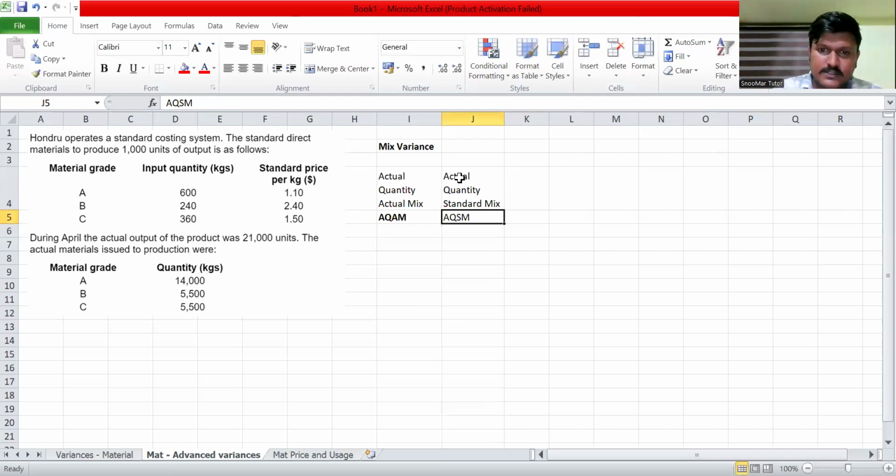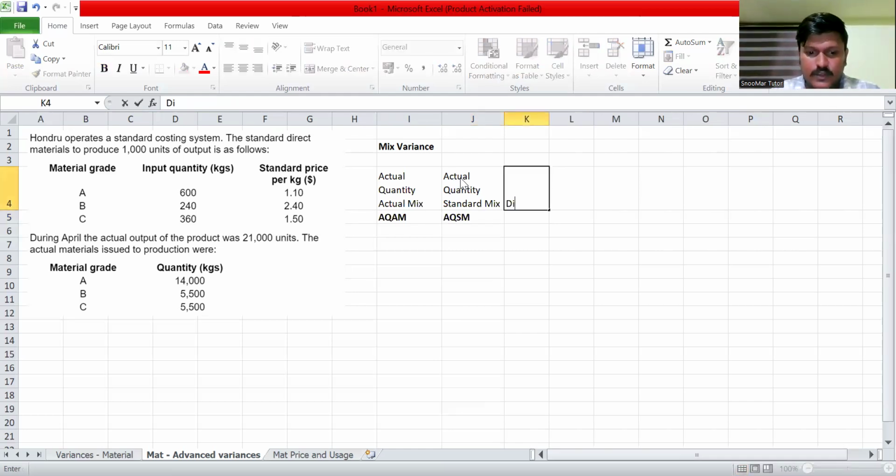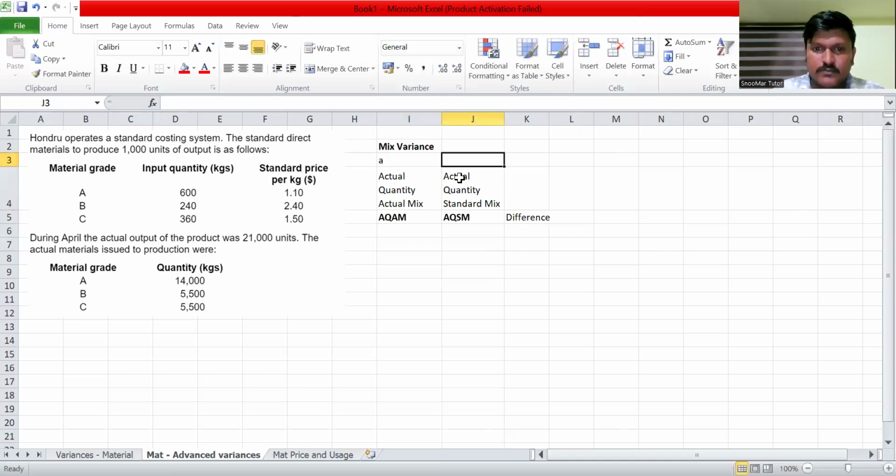Okay, now let's consider, there is another column which will be going for the difference. When you are taking a difference, if I'm numbering over here A and B, the difference you have to calculate always with B minus A. Then you have to multiply it with your standard price for that particular material.